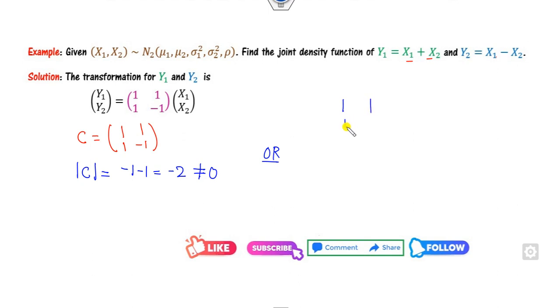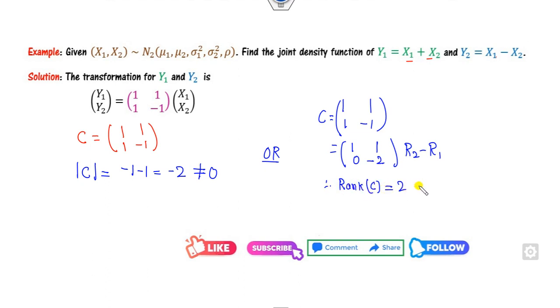How can you find the rank? You can change it to the row reduced echelon form. R2 minus R1 gives 1 1, 0 minus 2. So clearly the rank of this matrix is my 2, which is equal to the number of the X vector components, or equal to the number of column vectors. Fine. So therefore C is my non-singular.